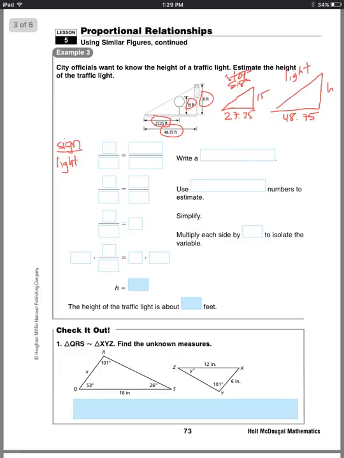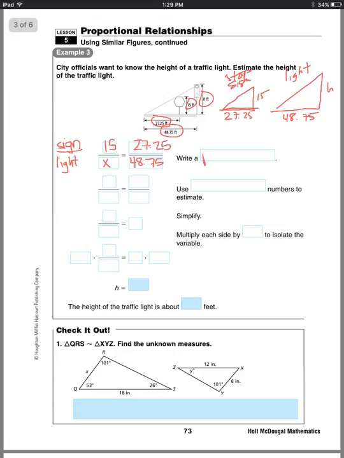So we are going to start with 15, and the corresponding side of 15 is x, because it's both the heights, equals, and then we have to do our length, and we're going to do the sign first because our sign is going up top, 27.25 over the length or shadow of the light, which is 48.75.